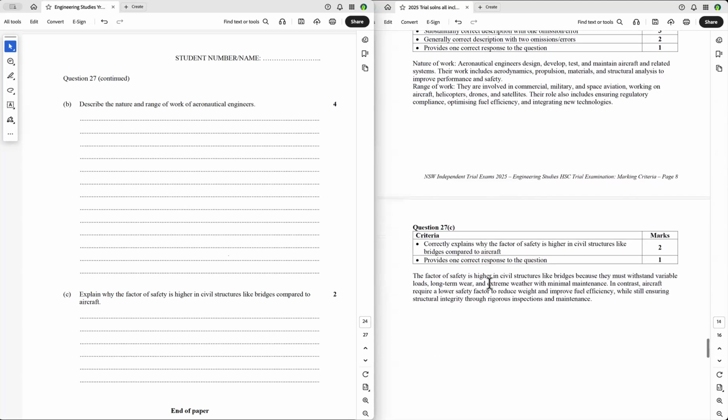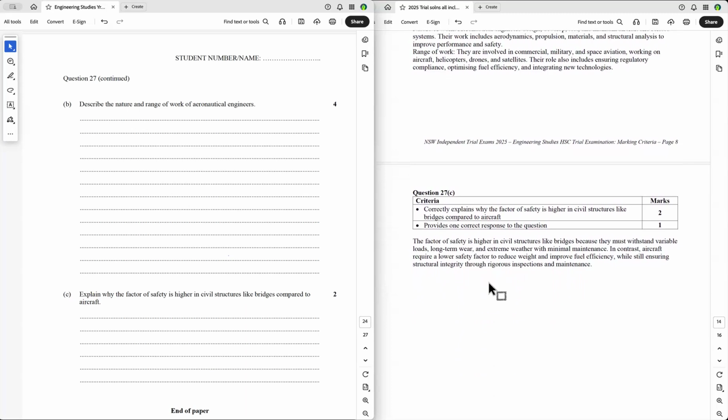Explain why the factor of safety is higher in civil structures like bridges compared to aircraft.